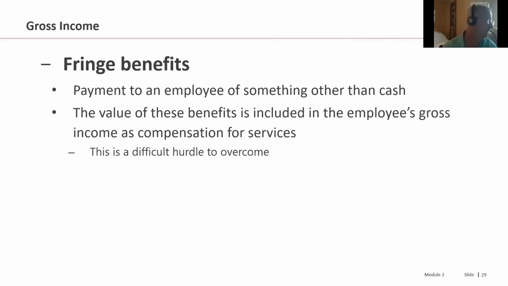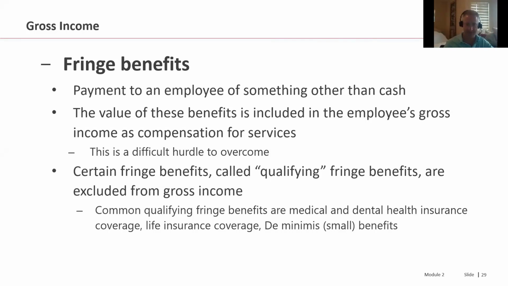So let's say I run a sales promotion for my salespeople, and whoever meets quota, they get a free trip to Hawaii. The value of that trip to Hawaii is included in compensation. And that's almost always true, unless there are certain fringe benefits that we call qualifying fringe benefits that we actually get to exclude from gross income.